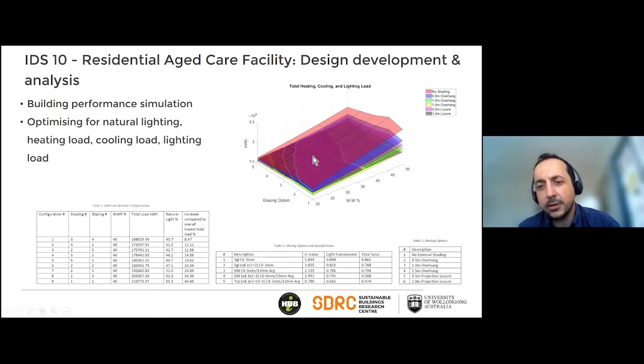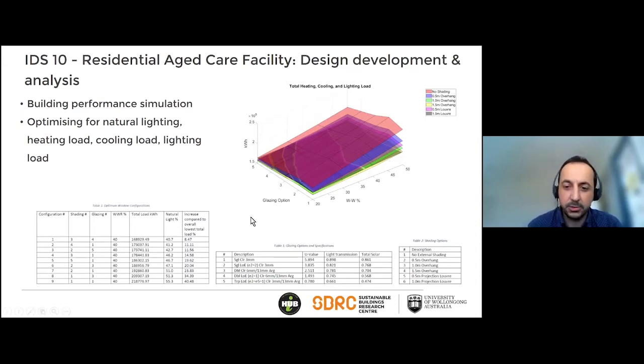In fact, using MATLAB to generate this type of visualizations, the students looked at the sweet spot between heating, cooling, and lighting loads to find out what's the best glazing option, what's the best shading option, what's the best window to wall ratio option, and undertaking energy simulations and daylight and illuminance simulations at the same time.